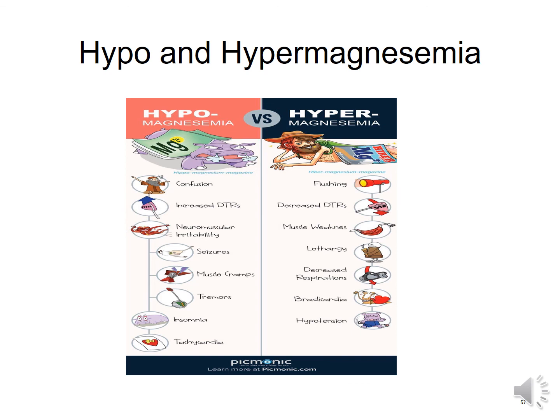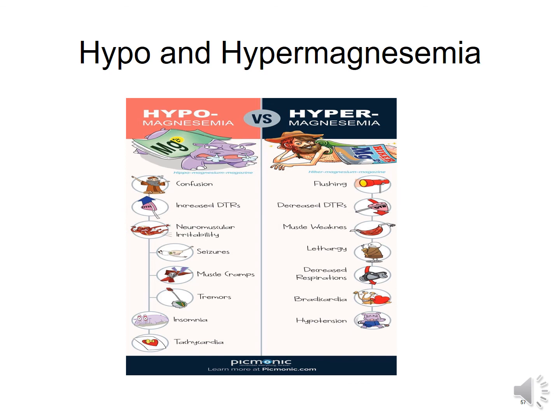Hypo and hypermagnesemia. These are some ideas of what you can expect if they have hypomagnesemia. I don't know why that's so hard for me to say today. But if it's low, they might be confused.